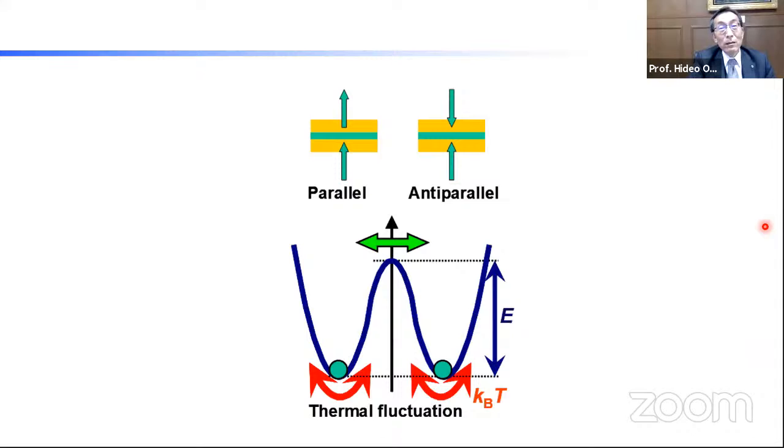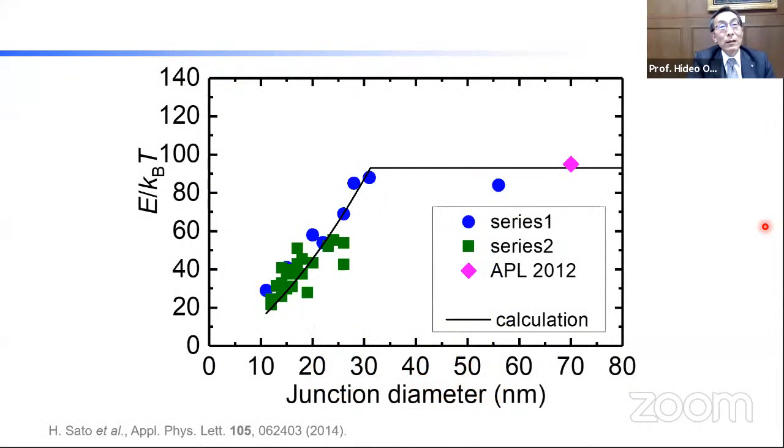In our case, it's area because our source of the energy barrier is coming from the interface. So you can easily expect that when you make the junction diameter smaller, at some point you will lose this energy barrier. And when you scale it down to, in this particular case, near 10 nanometers, you will lose non-volatility.